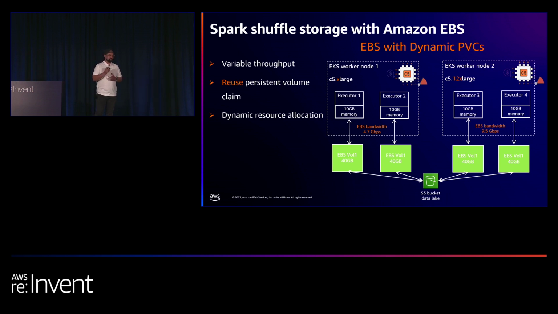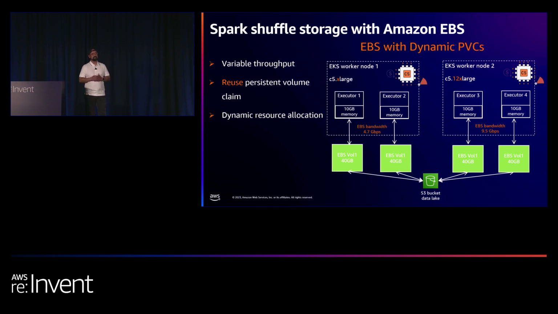And one of the two key features this offers is reusing persistent volume claims. As you see here, worker node 1 has 2 EBS volumes attached by 2 executors. If worker node 1 gets interrupted by a Spot interruption and the node terminates, you can still reuse those 2 volumes when the new node comes up.